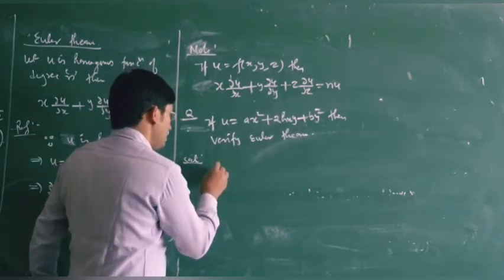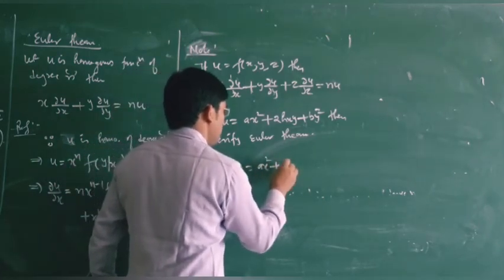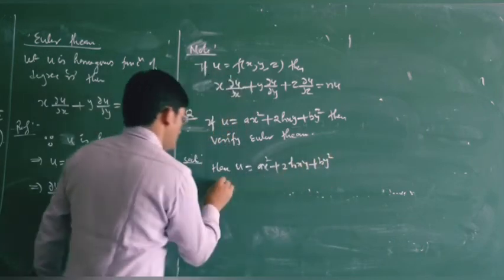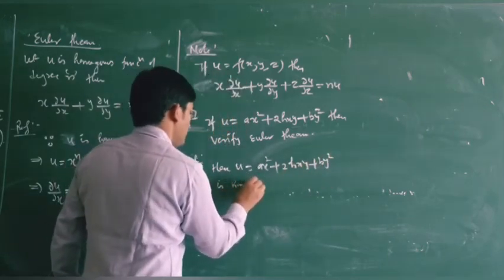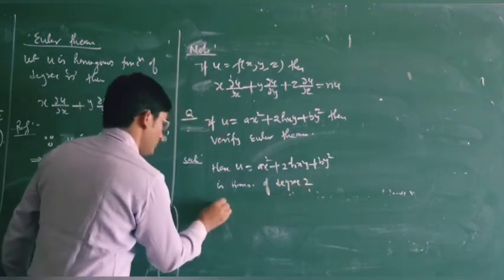So u = ax² + 2hxy + by² is homogeneous of degree 2.